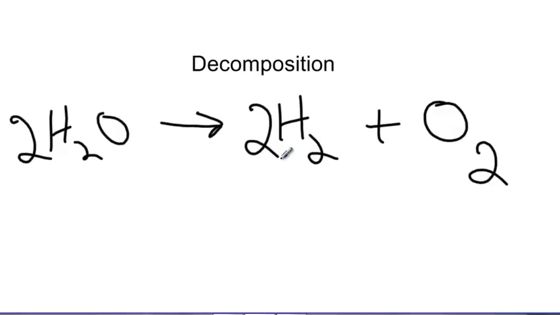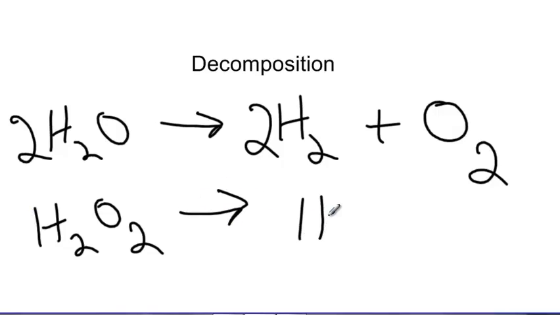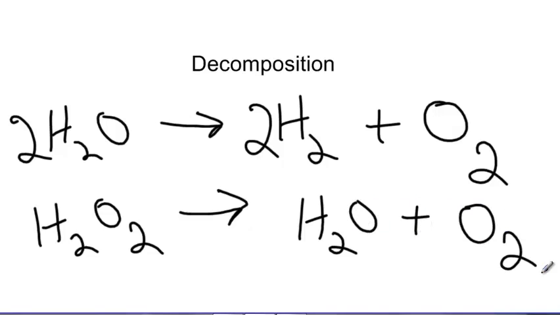Just to tell you, by the way, not every decomposition goes to elements. One very common one is hydrogen peroxide. That's the stuff you put on your cuts that bubbles. When that decomposes, it decomposes to water and oxygen.